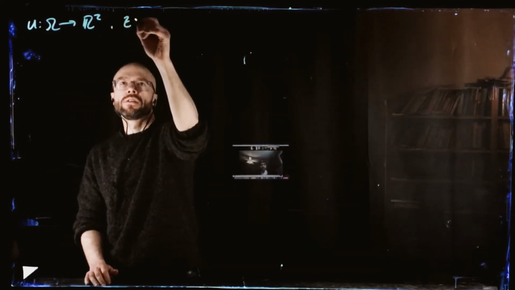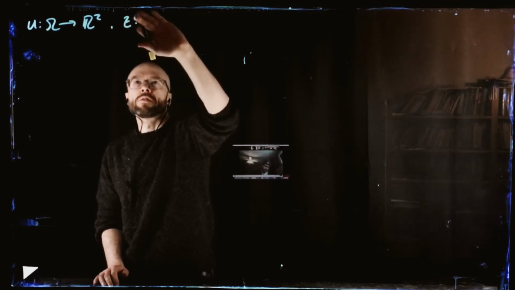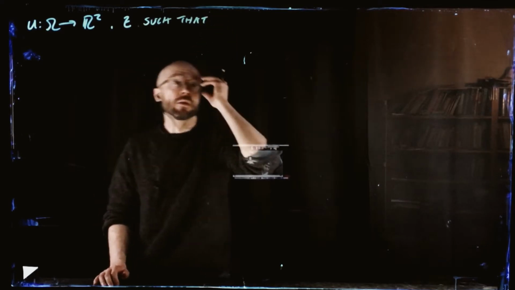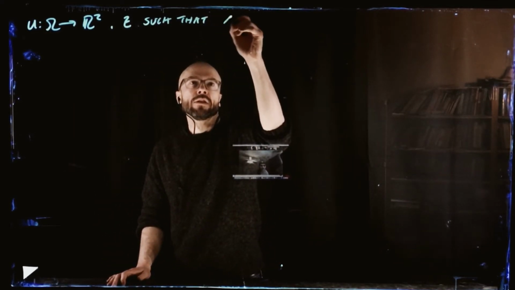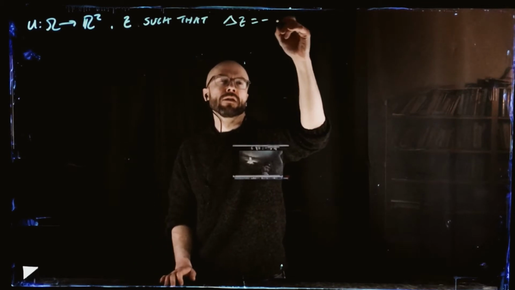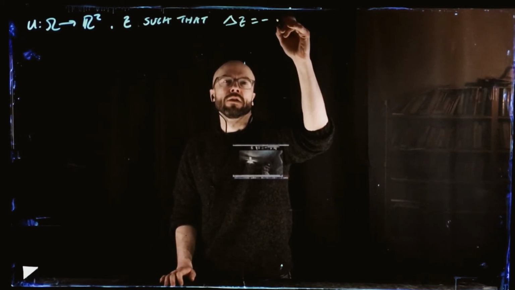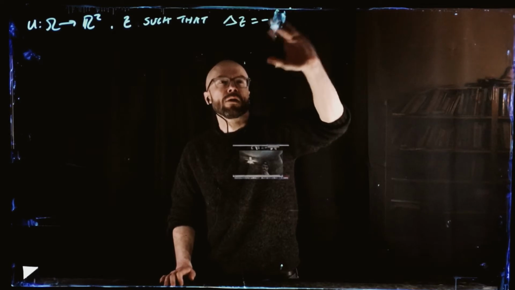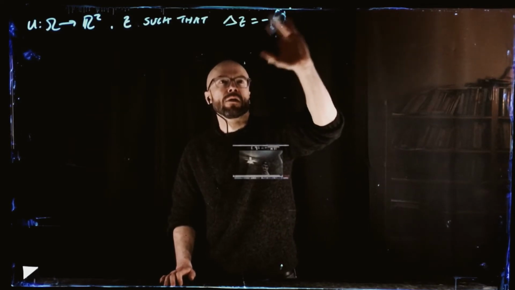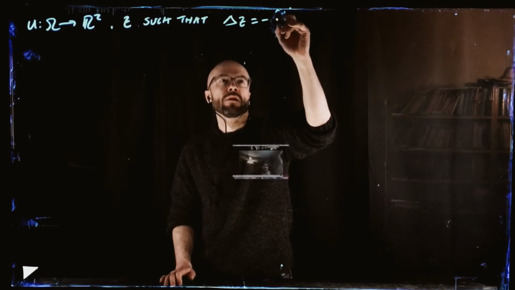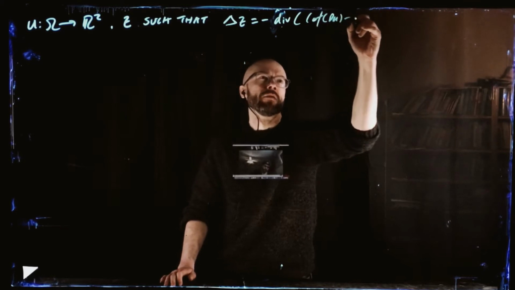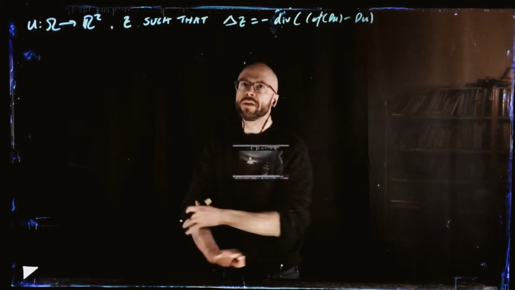We took z such that the Laplacian of z was equal to minus the divergence of the cofactor of the gradient of u minus the gradient of u, like this.